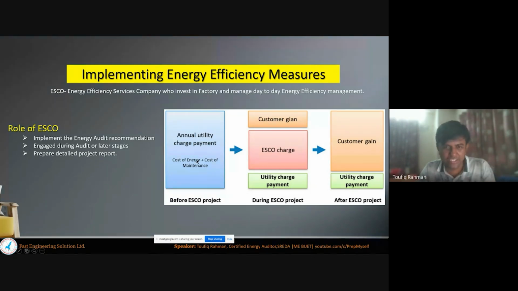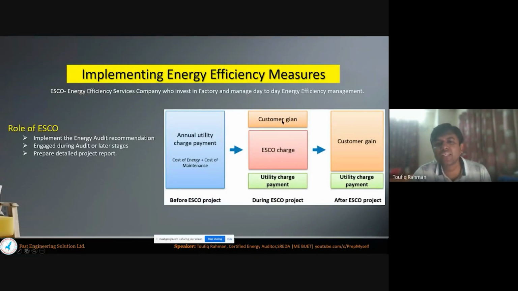They say that if you can change or maintain this, your energy consumption will be reduced. So this company can come to the ESCO. The ESCO implements all the stuff. The ESCO invests their money to buy new products or a new management system for the company.